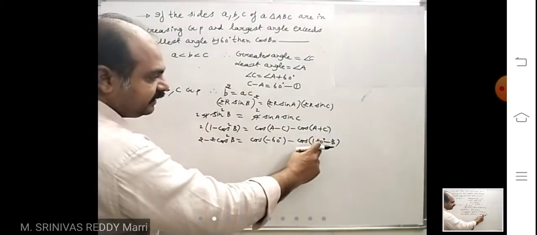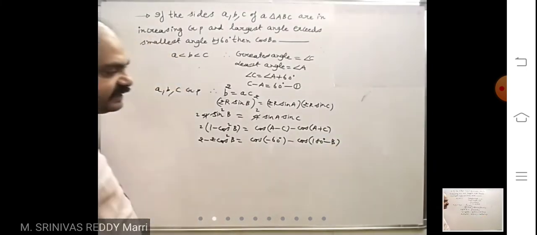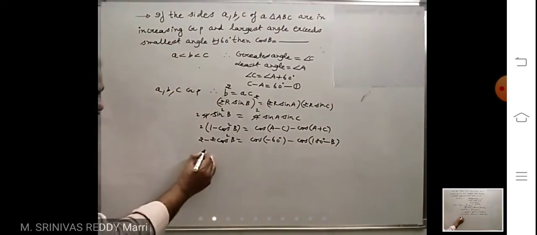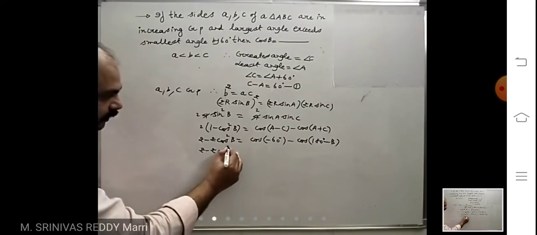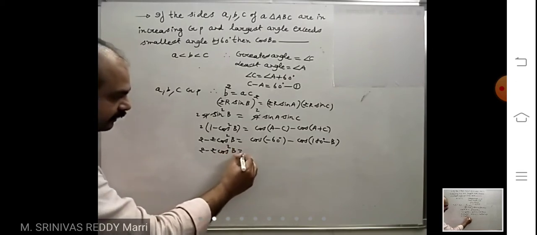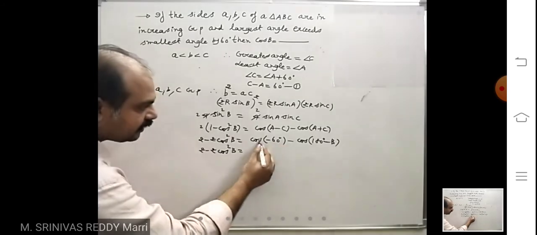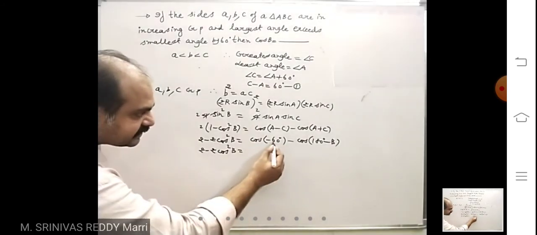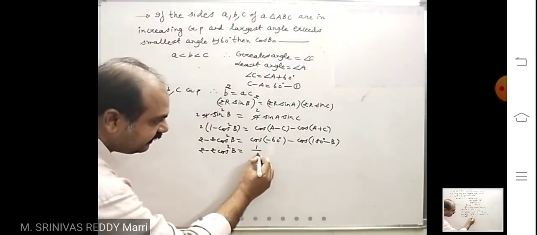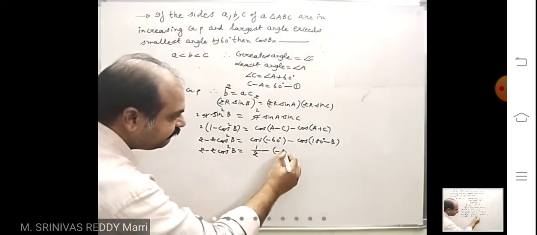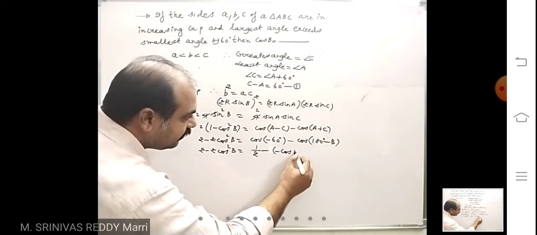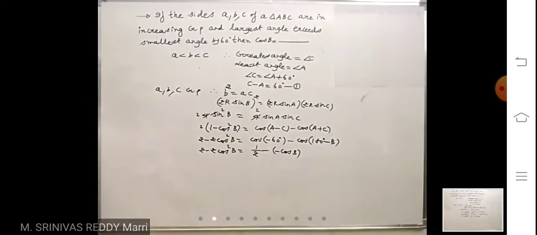So you will get 2 minus 2 cos square B equals to, cos of minus theta is cos theta, that means cos 60 degree is nothing but 1 by 2, minus of minus cos B. Cos of 180 minus theta is nothing but minus cos theta.